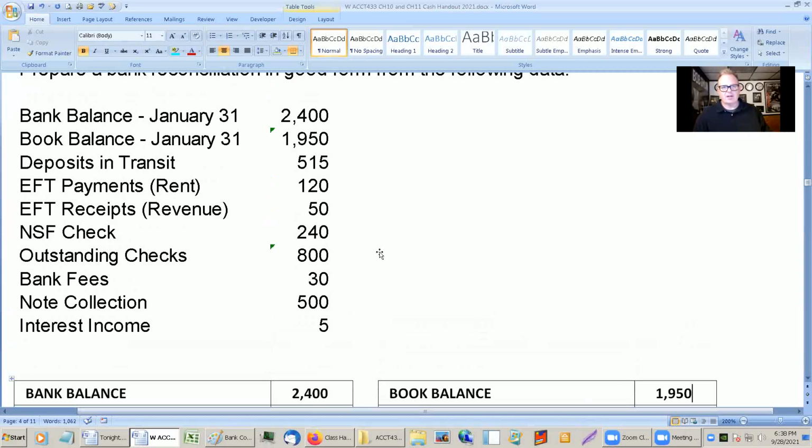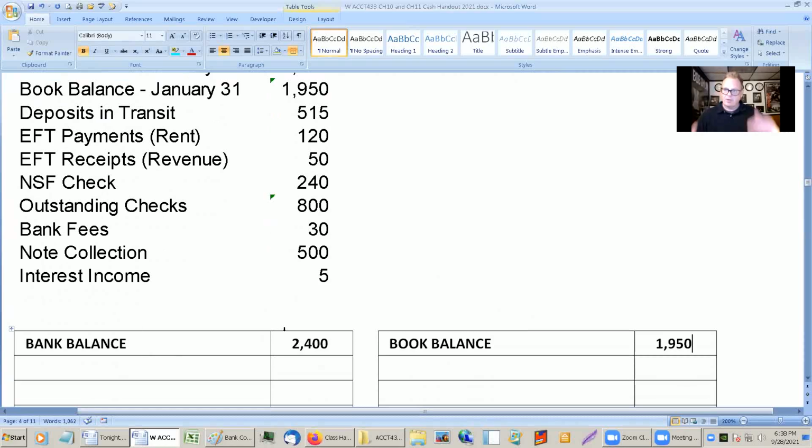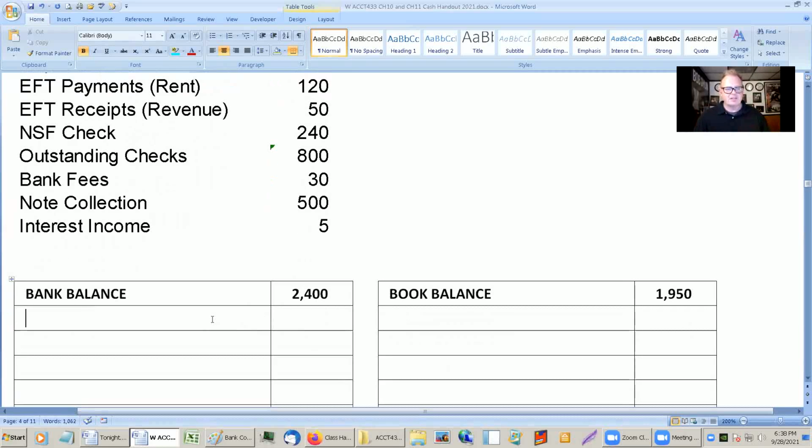So obviously these are not the same number. They usually won't be. But we're going to go through and reconcile both sides, and we're going to come up with a correct balance. And the correct balance would be for both sides of this.